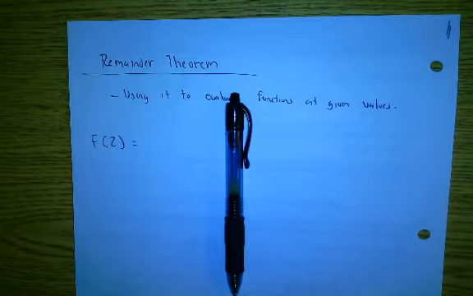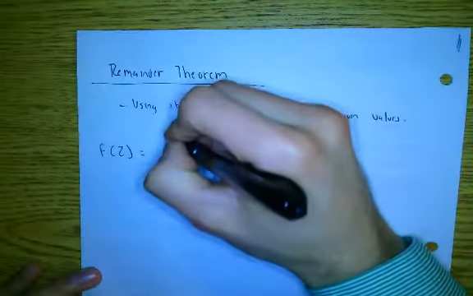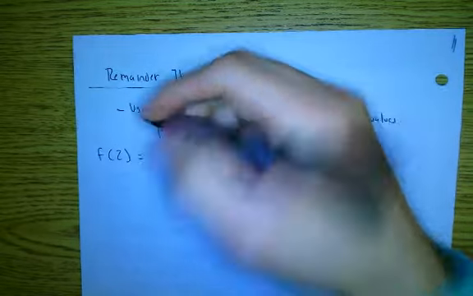However, if I tell you to use the remainder theorem, so let me just find an example real quick. I want you to use the remainder theorem, and here's how it works. Okay, so here's a good one. Let's say that I give you the following function. F of x equals 3x to the 3rd power plus 8x squared plus 5x minus 7.